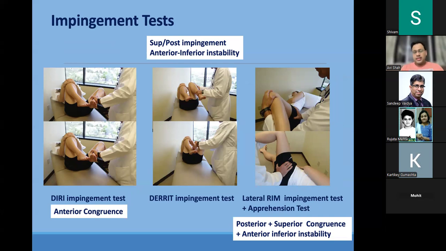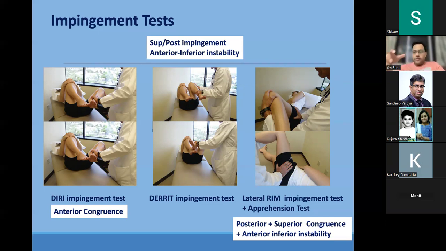The first test which I do, and I kind of combine it with the anterior impingement test, is the DIRI impingement test. Basically, you flex the hip to 90 degrees, then you start abducting and internally and externally rotating, and you internally rotate as much as the hip allows.